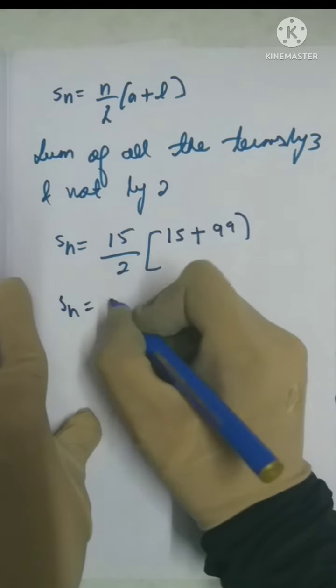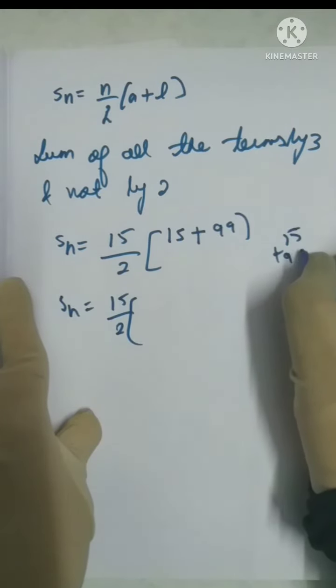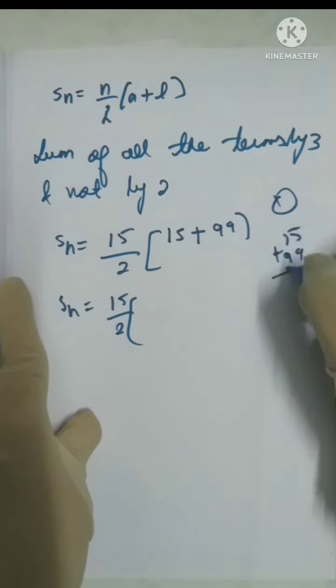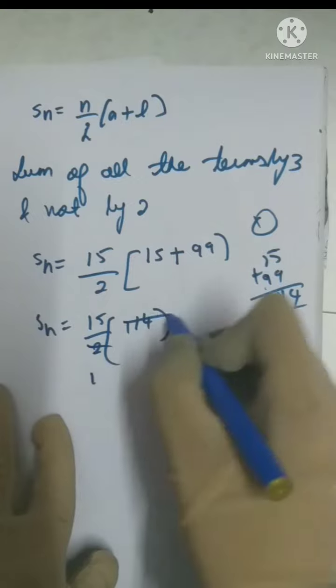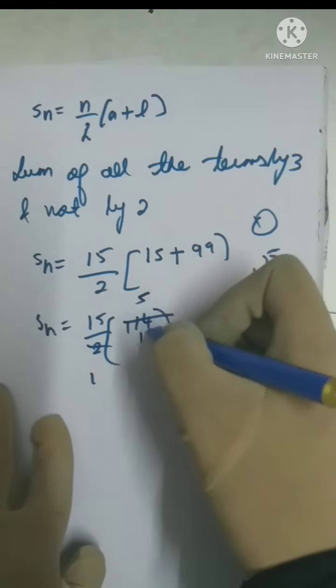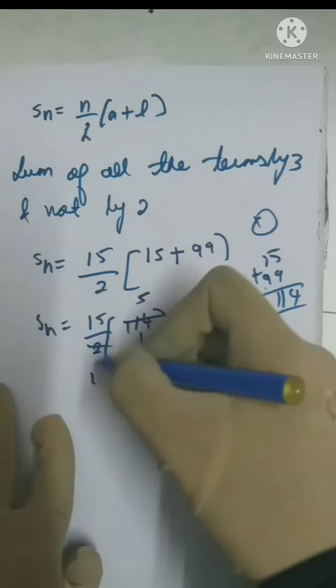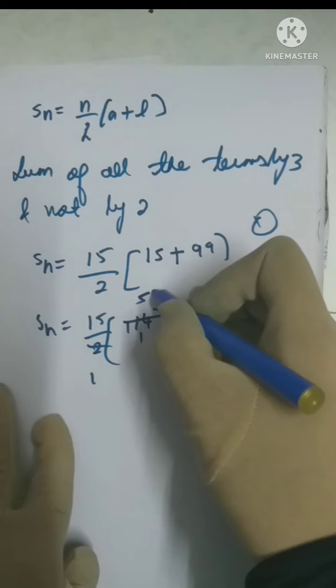Sn is equal to 15 by 2 into 15 plus 99, which is 114. 114 divided by 2 is 57.